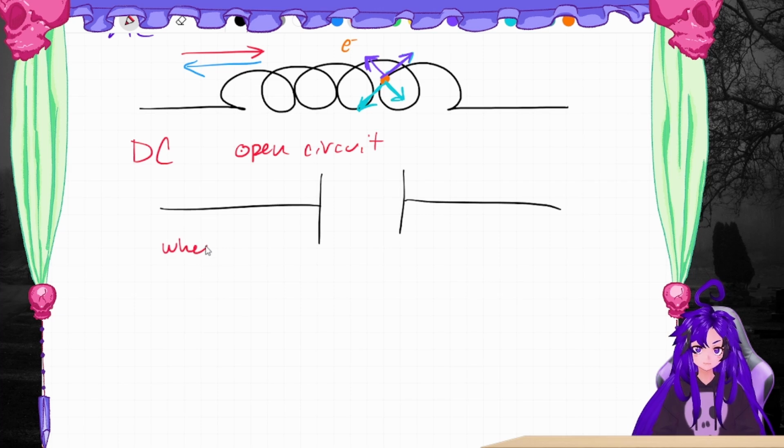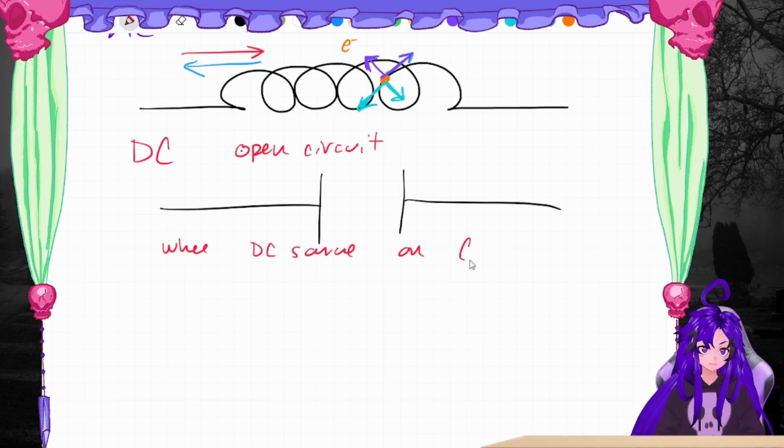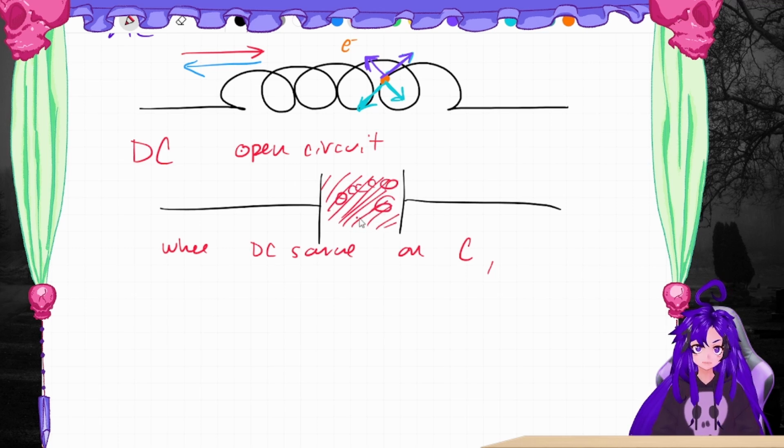When you have a DC source on a capacitor, basically this thing is just charging. It's filling. It's consuming all of the electrons, and none of them are making it out to the other side.